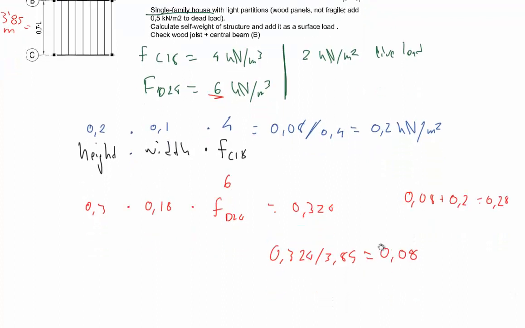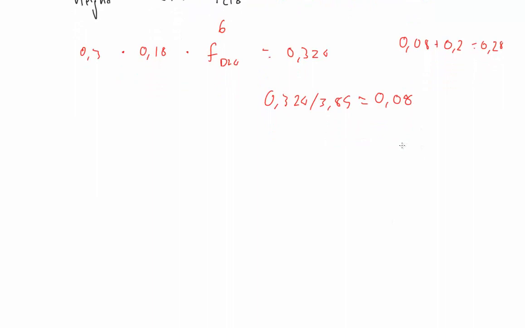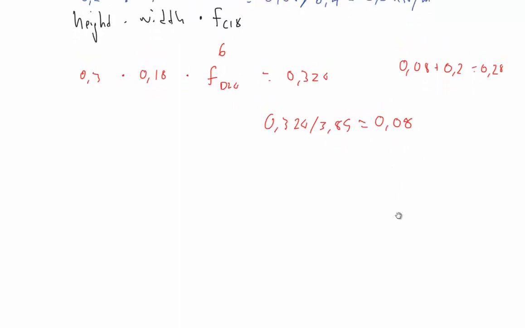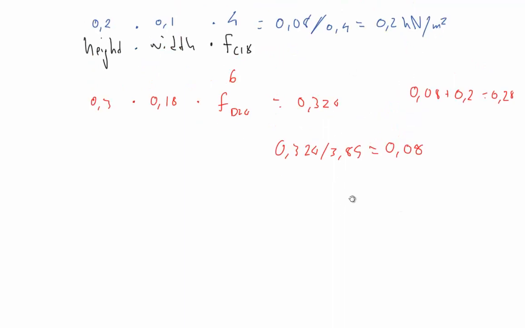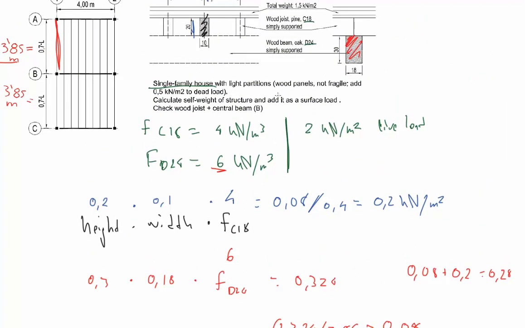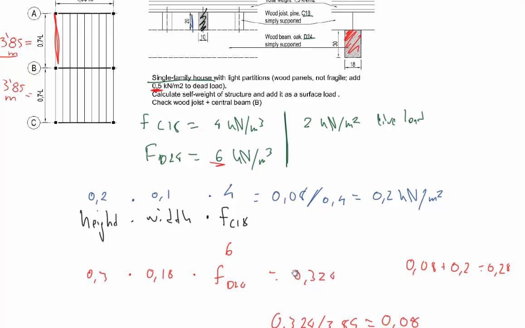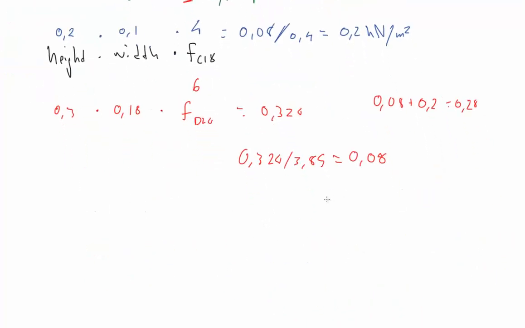Let's continue. The loading would be the dead load plus the live load. Sorry, I forgot one detail. The total weight will be 1.5 plus 0.5, so that's extra dead load.